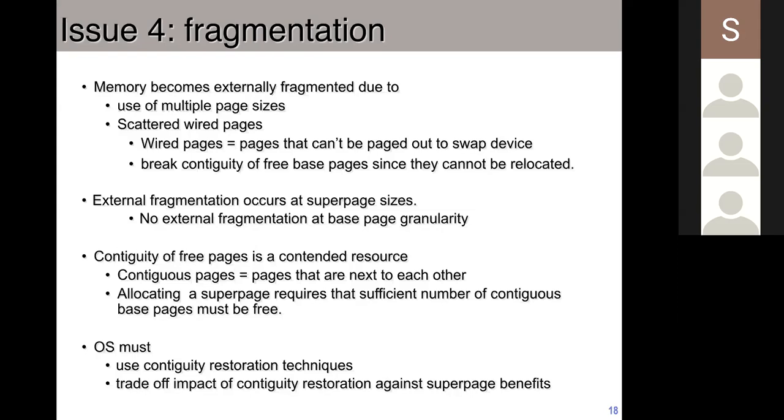You might have 16 free pages, but they are not next to each other, so you can't make a super page out of those. So this is an external fragmentation problem, because even though there's enough free memory, because it's not contiguous, you cannot allocate it to a process as a super page. This is an interesting problem, because if all the pages were the same size, you wouldn't have this problem. But when you're using a mix of super pages, then the external fragmentation problem is back.